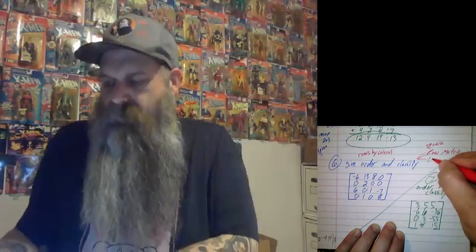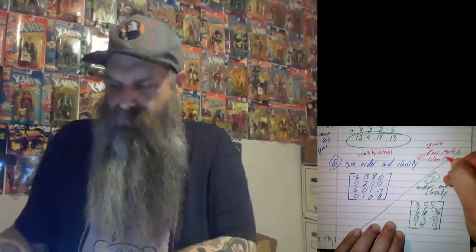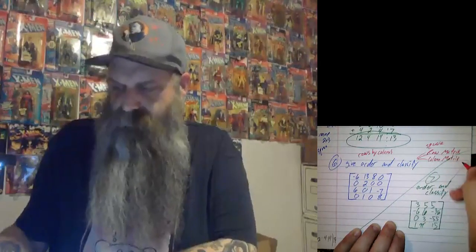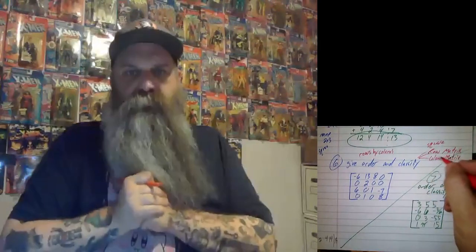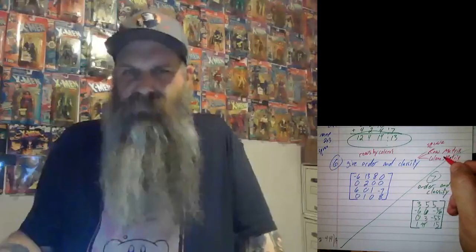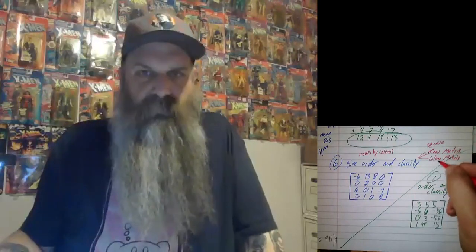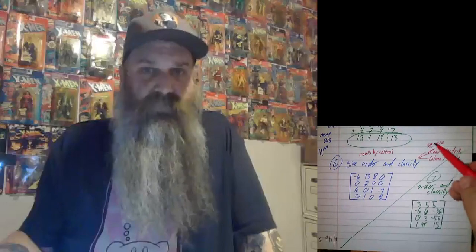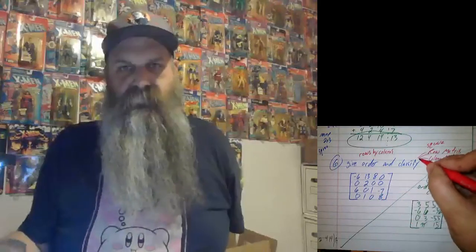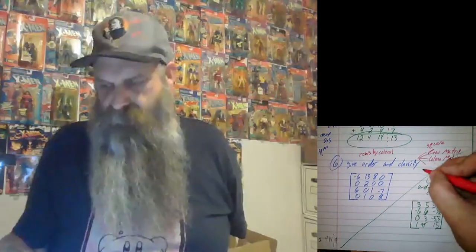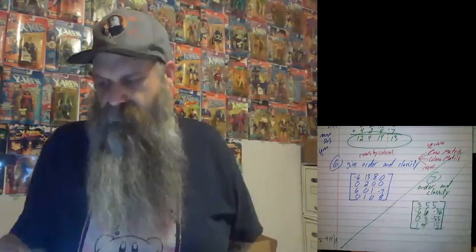If it's one column, it's a column matrix. You'll see these as answer choices. I don't think it's going to give you a row matrix or a column matrix. But you will see a square matrix or it's none.